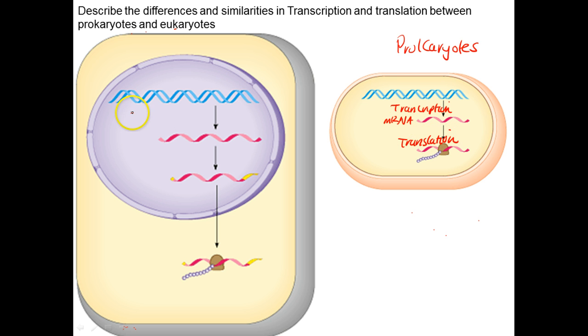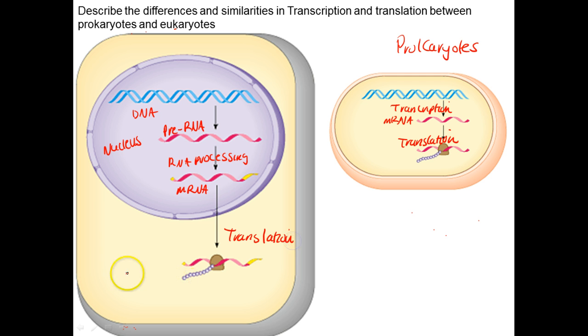In eukaryotes, your DNA always resides in the nucleus and never leaves it. It makes this pre-mRNA transcript, and then there's an extra step of RNA processing in eukaryotes. This final version of the mRNA will then go out of the nucleus to assemble those amino acids.